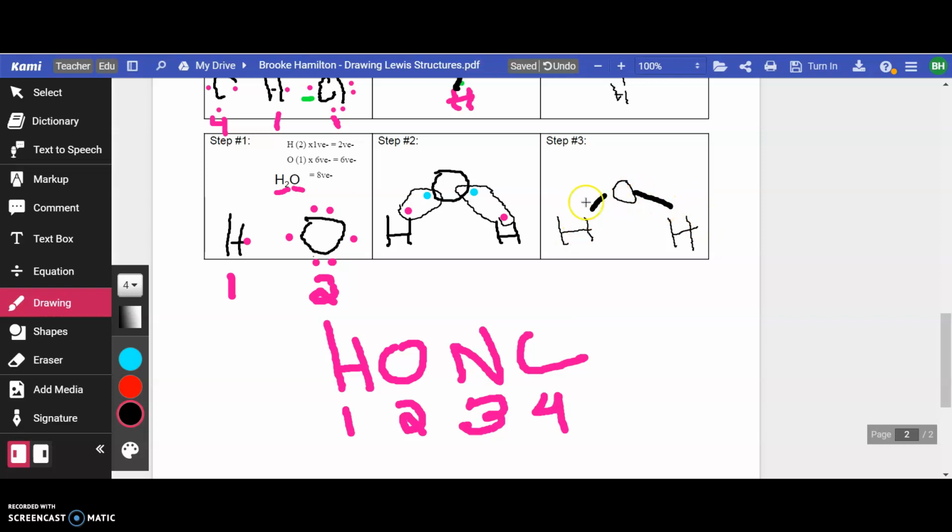Oxygen has its 2 bonds, 2 single bonds. And then we have 2 lone pairs, so 1 and 2. And this is our final for water. We have 2, 4, 6, 8 electrons total, so we are good. 2 for each hydrogen and 8 for the oxygen.